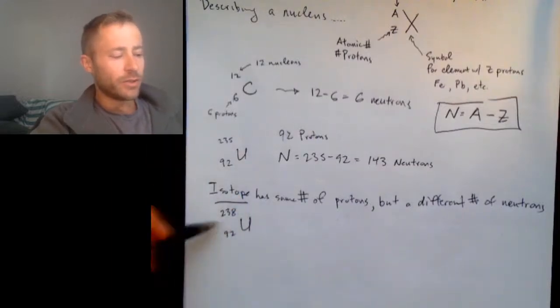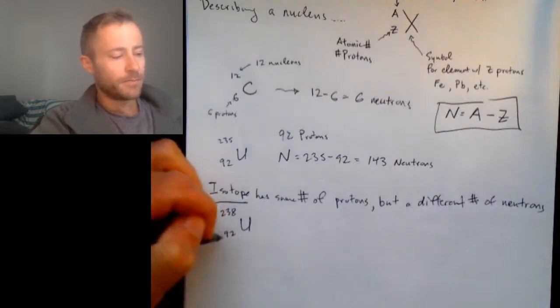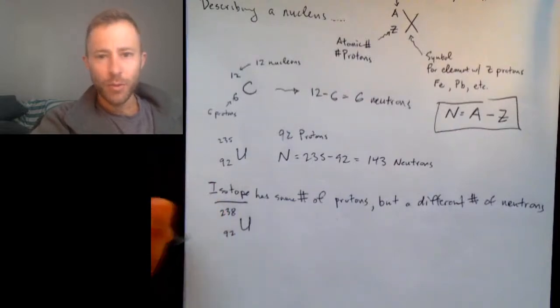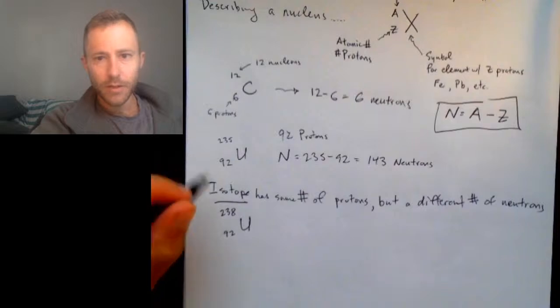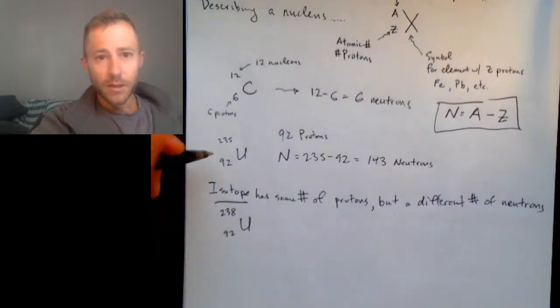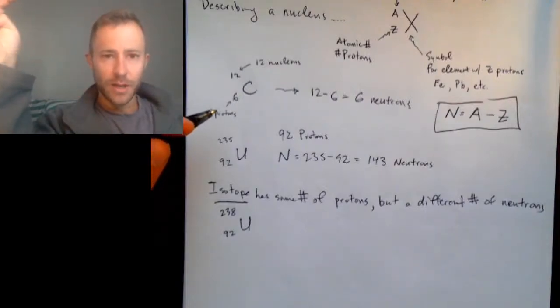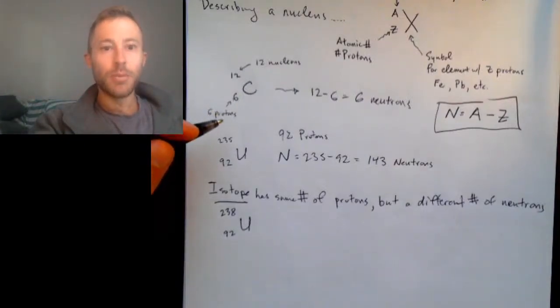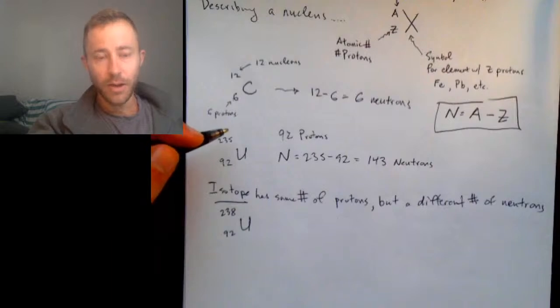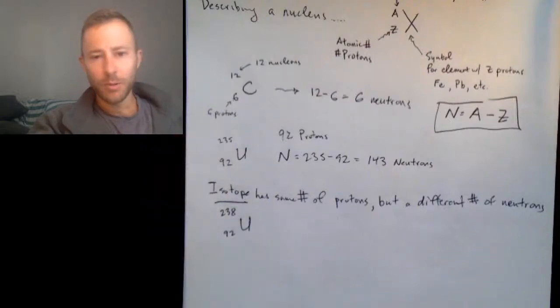So this version of uranium that is more common has 3 more neutrons than uranium 235. So different isotopes of an element have different abundances in nature. Okay, this is the most common one.